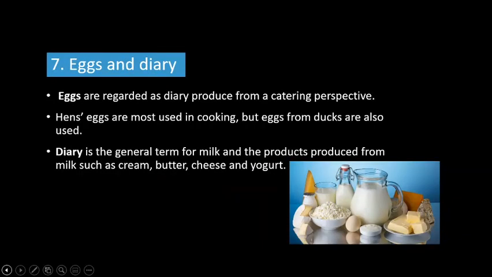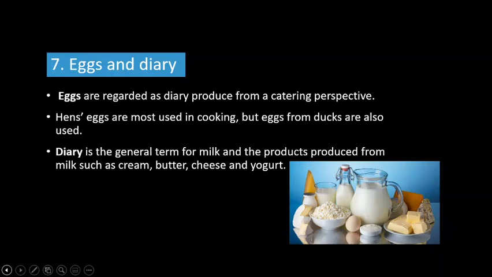Then we have eggs and dairy. So under eggs and dairy, we can consider even eggs as a dairy product from a catering perspective. In case of cooking, most of the time we use the hen's egg, but eggs from ducks are also being used for cooking.